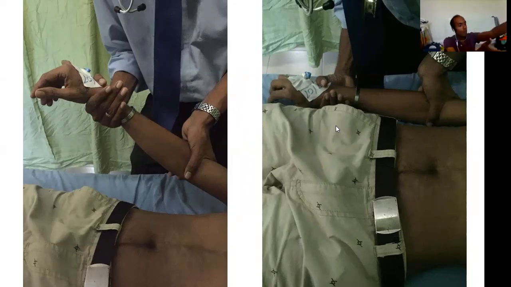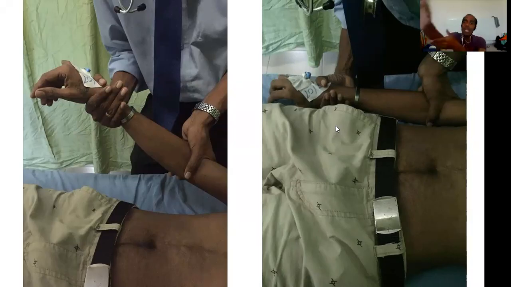Okay, so one finger should be on the brachial artery pulse, the other hand should be on the radial pulse, and the metacarpal bones, or at least the palmar surface, should be touching the radial pulse. Okay, to a point where you can just lightly feel the pulse.